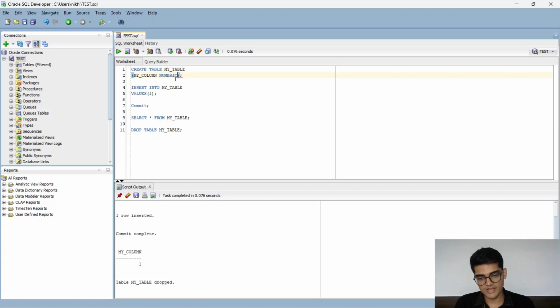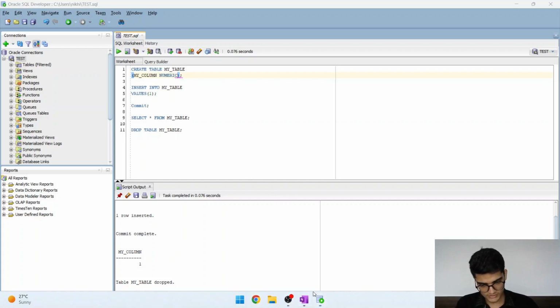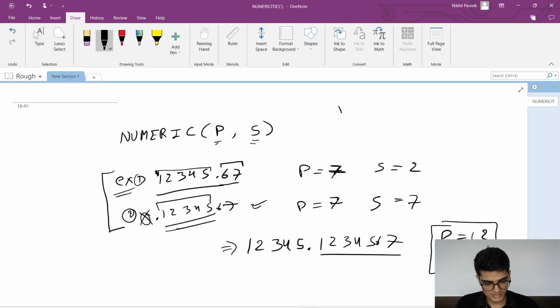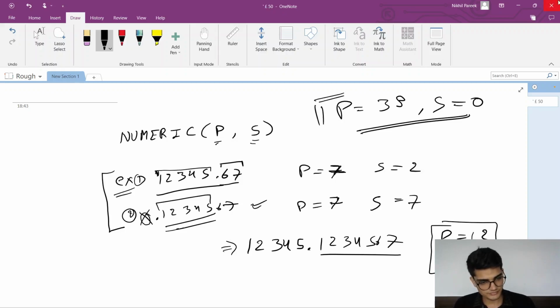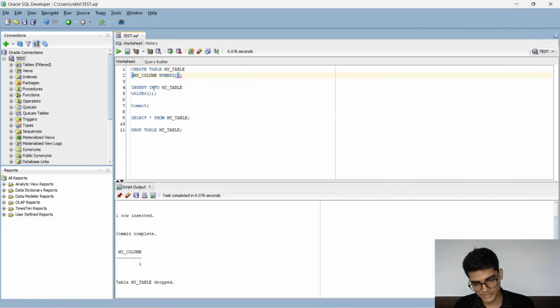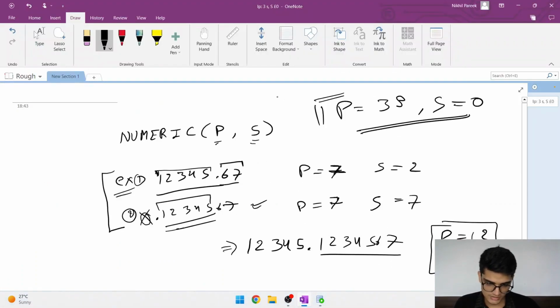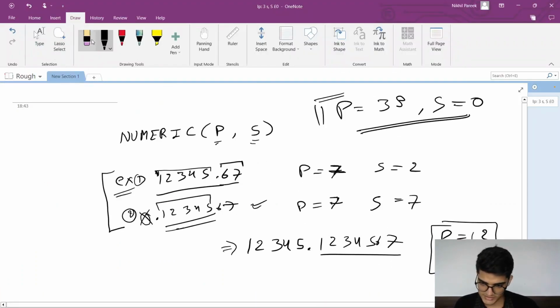Since we are not declaring any precision and scale, there must be some default precision and scale, right? For the NUMERIC data type, the default precision is 38 and the scale is 0. With these default values, we are storing 1.5. Here you can see for 1.5, let me erase them.